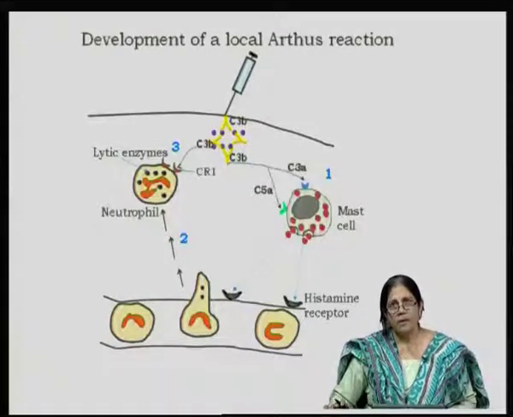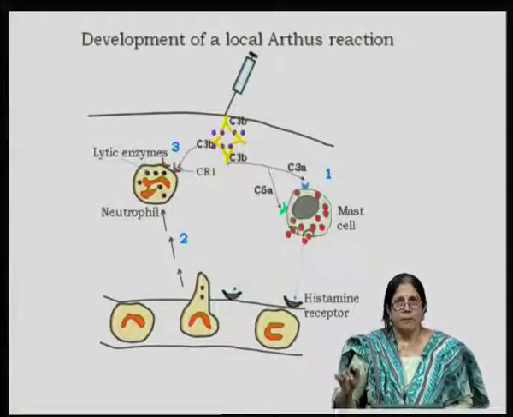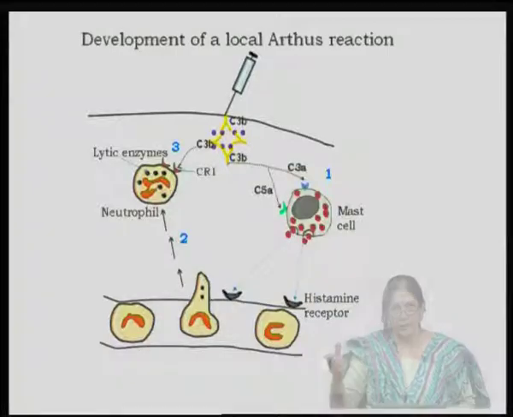In the case of the condition of farmer's lung, it has been seen that farmers who are constantly in contact with, let us say, birds, the feces of birds, very often when it's deposited, of course, the feces is deposited everywhere, but often this feces can dry and become airborne, and farmers get exposed to this.